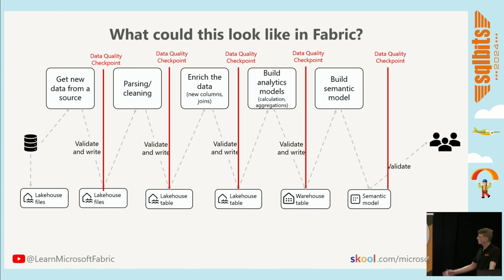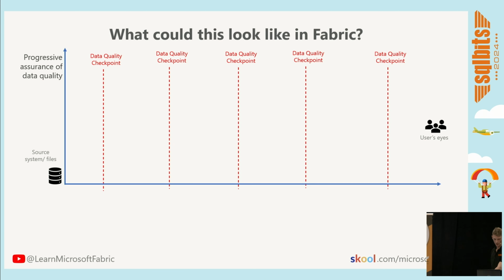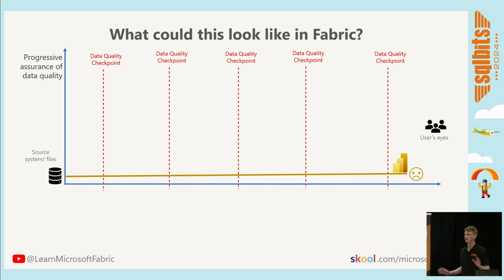And we've got these data quality checkpoints now, which weren't really possible when you're doing things in Power BI and Power Query. It's all or nothing. And just to put the final nail in the coffin of Power BI, sorry Power BI users. As it's passing through different stages in this pipeline, you're not assuring the data. It's an all or nothing approach again.